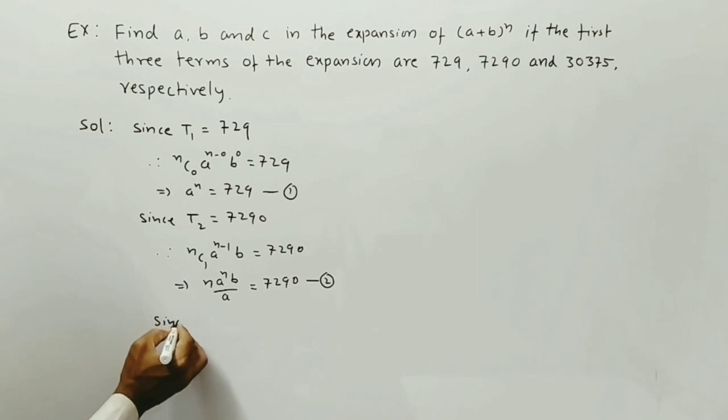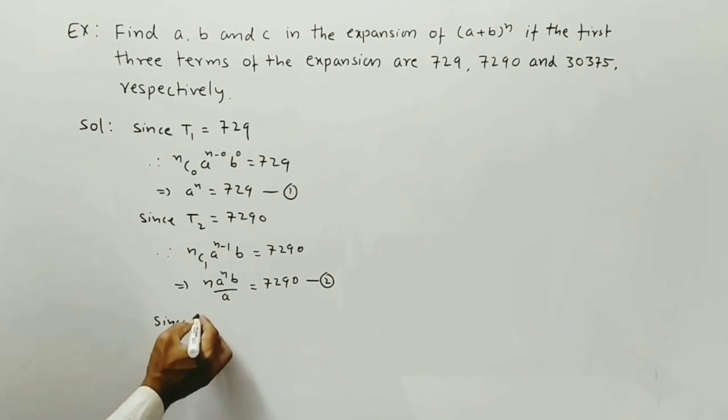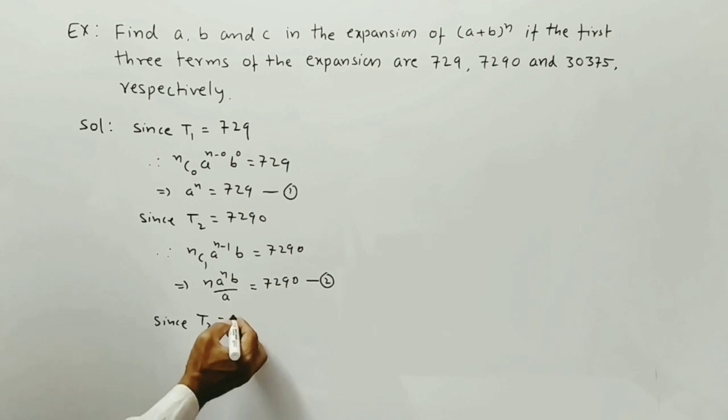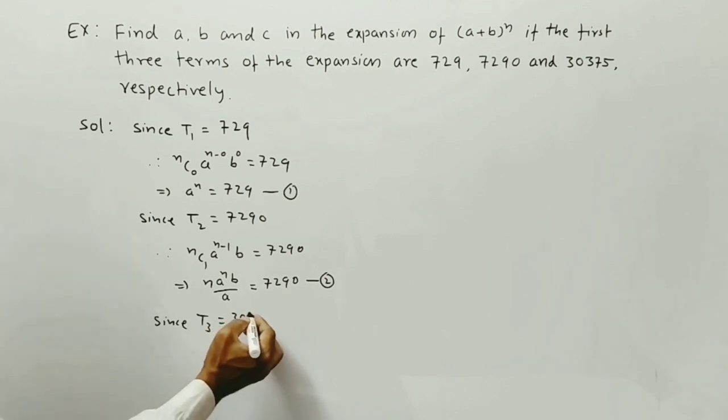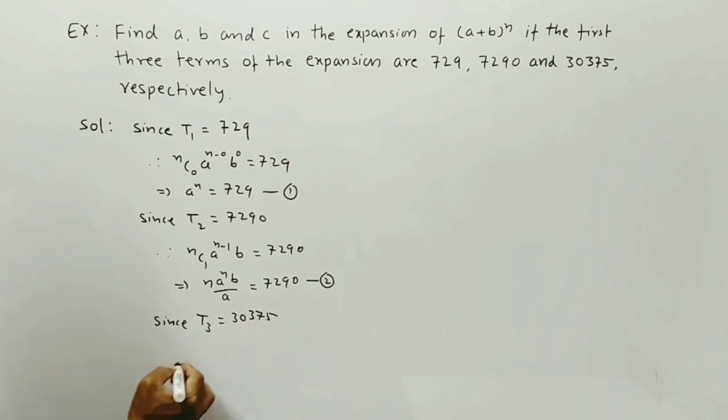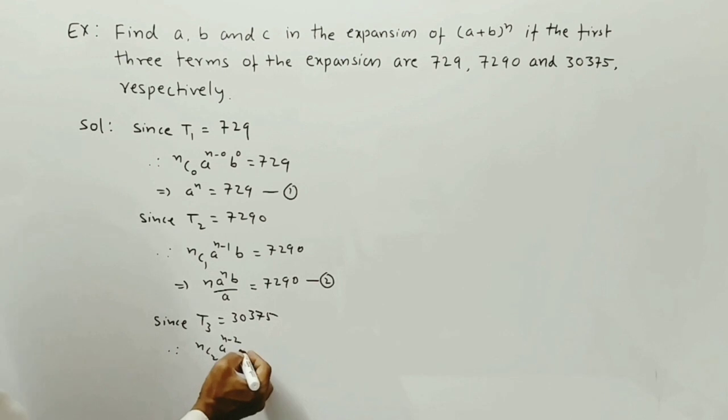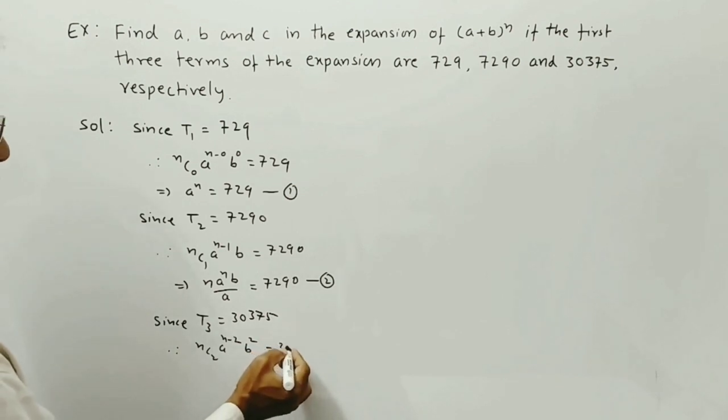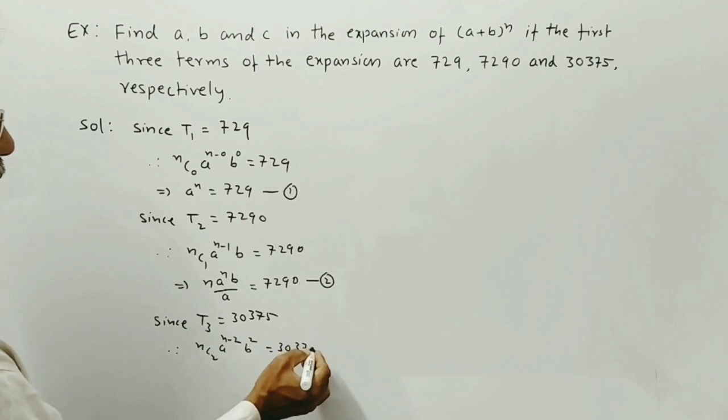Since T3 is equal to 30,375, therefore NC2 into A raised to the power n minus 2 into B square is equal to 30,375.